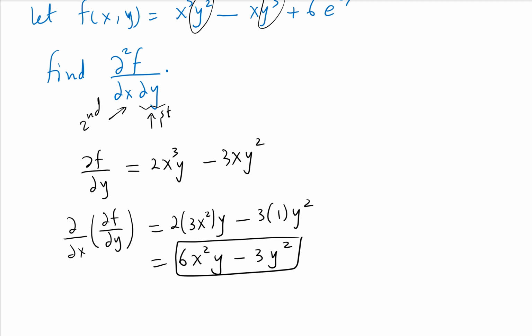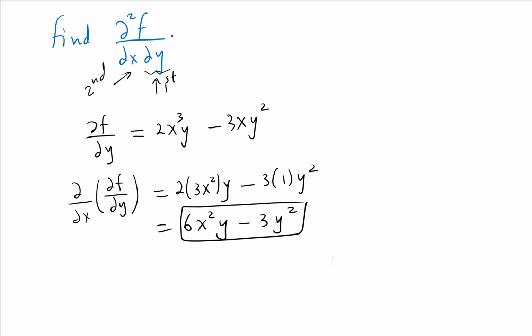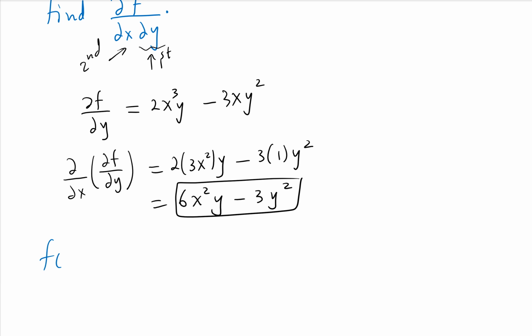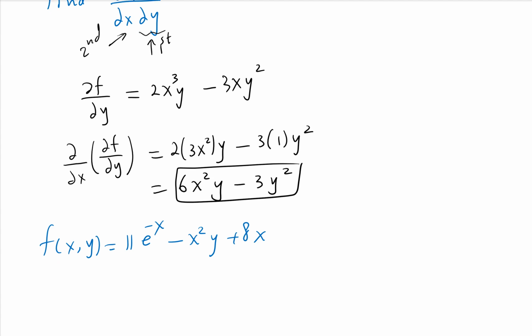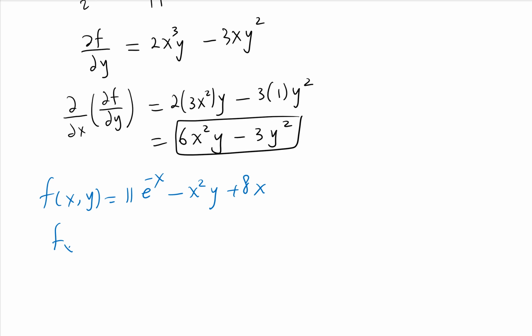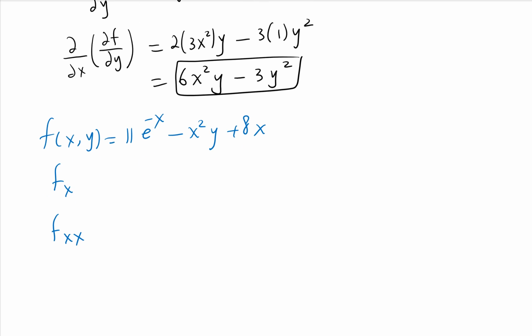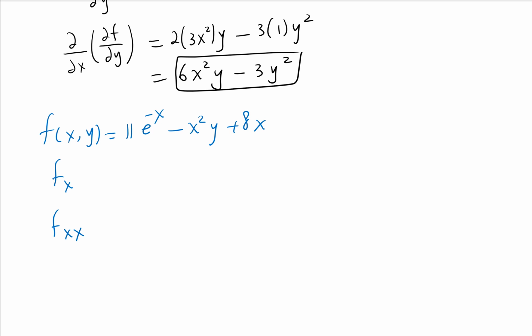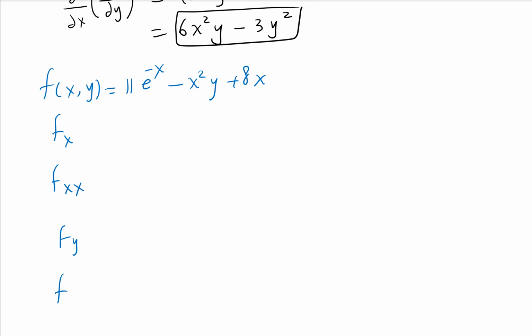Now we're going to look at another example: 11e to the negative x squared y plus 8x. Let's try to find f sub x, f sub xx, f sub y, f sub yy.